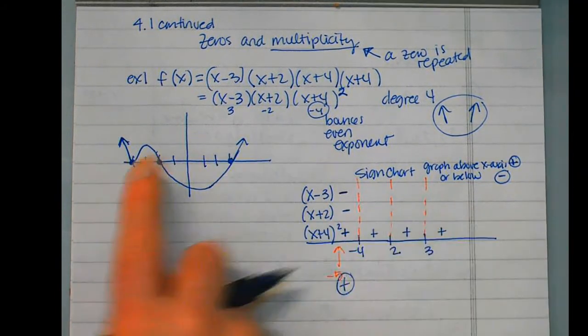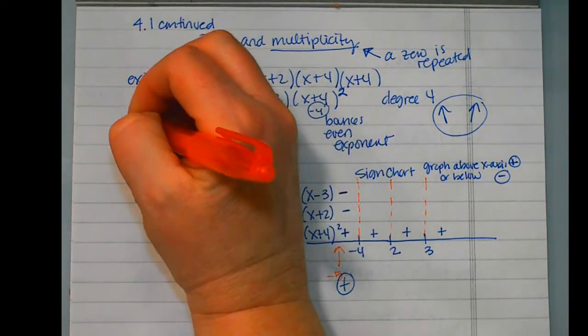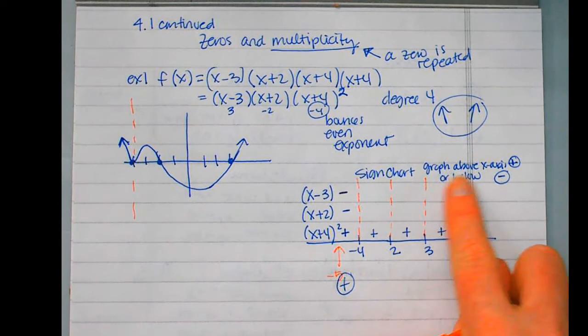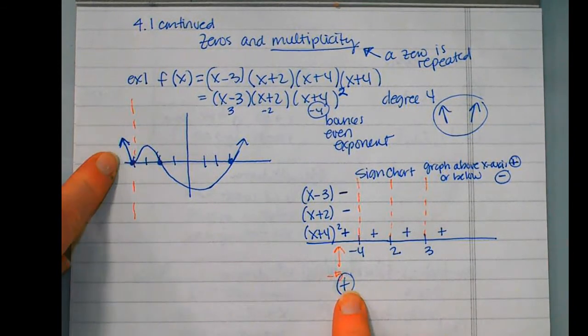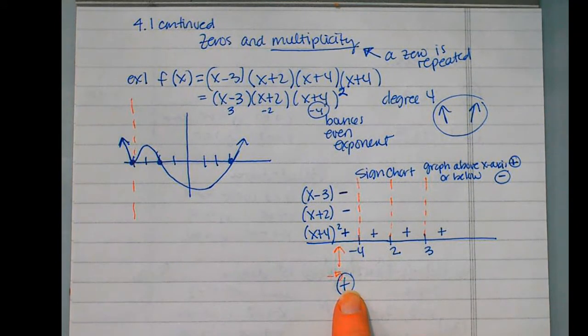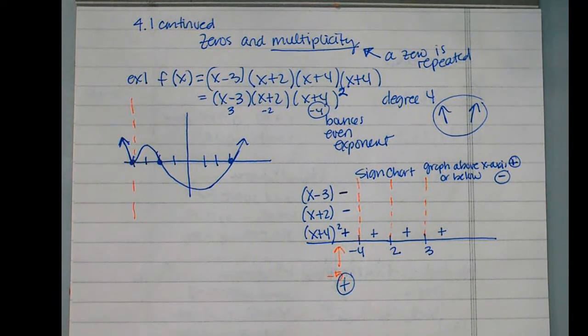So, does my graph look positive over here? Is it above the x-axis? Remember how I wrote above the x-axis? So it is above the x-axis here, and they match. Okay? So the sign chart also confirms what we're talking about with the multiplicity and the end behavior. This is a mathematical way to show that.